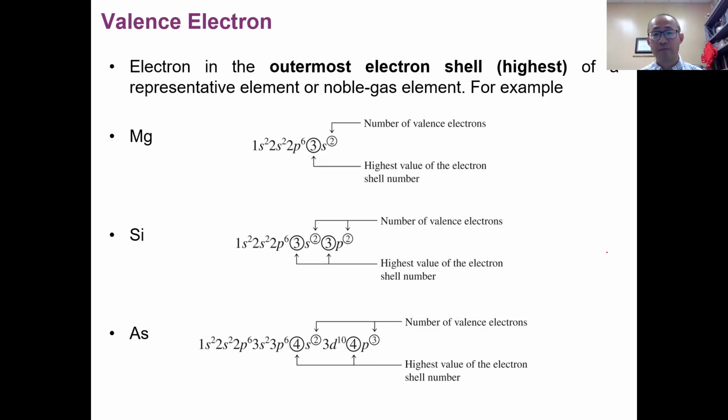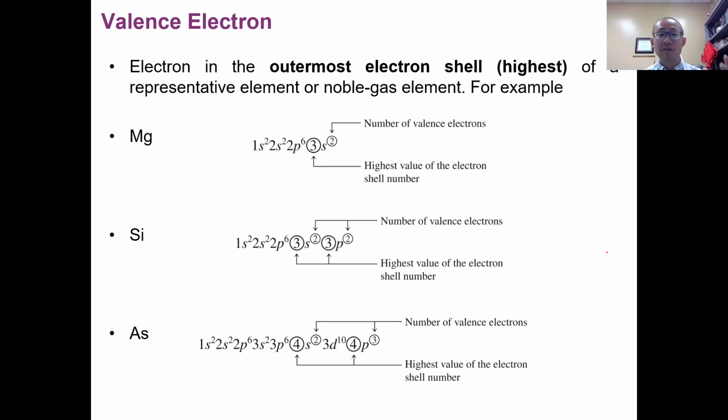We have studied in chapter 3 that the highest energy level equals the period number. If you are a third period element, for example, then your highest energy level will be 3. If you're a fourth period element, your highest energy level will be 4. But regardless, the electrons in the highest energy level are called the valence electrons.